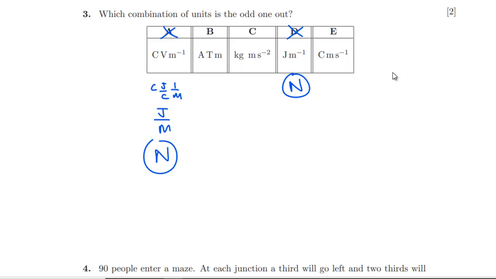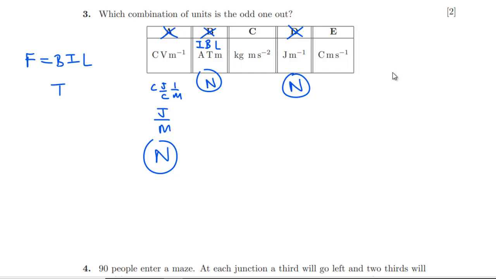So Tesla, that's magnetic field strength. So we've got force equals BIL. If we've got Tesla times the, oh yeah, this is it. This is BIL. That's B, that's I, that's L. So that's newtons, so it's not B. Then what else have we got?